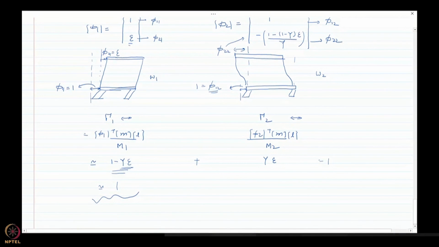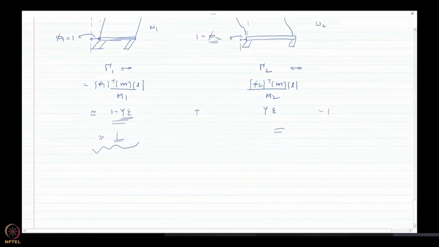The participation of the base isolated mode is almost close to 1, and you have very little participation of the superstructure mode. This would only be valid as long as the approximations which we had assumed hold, that epsilon, omega b by omega s square, is very small, which means omega b by omega s is small.